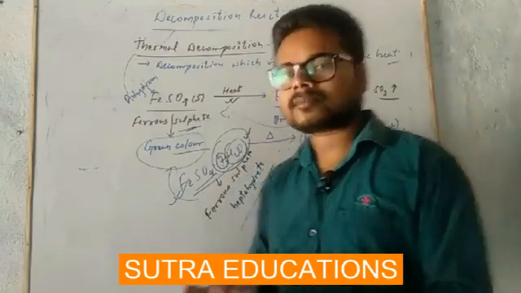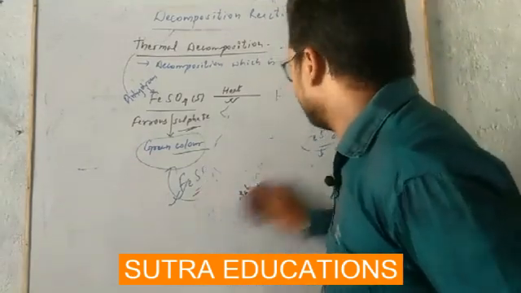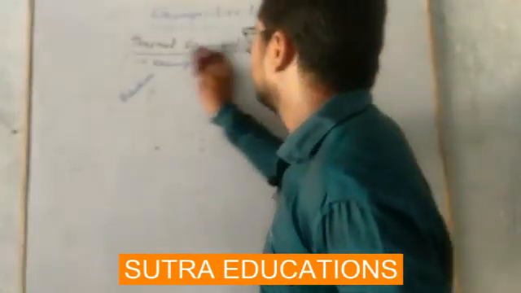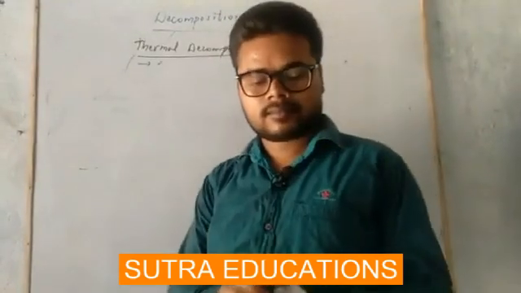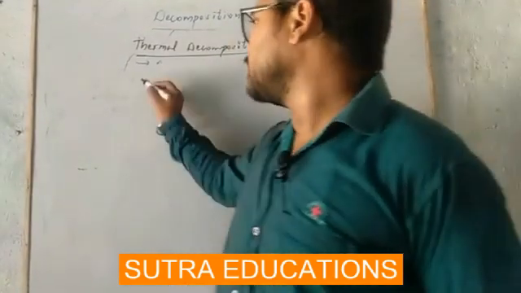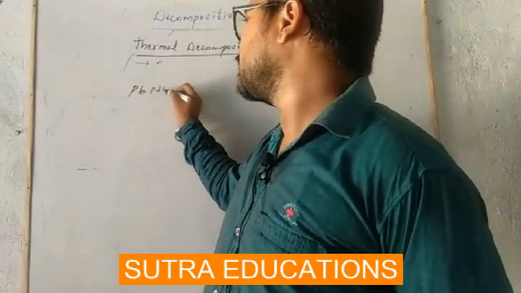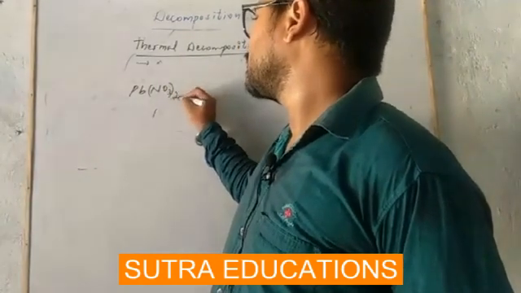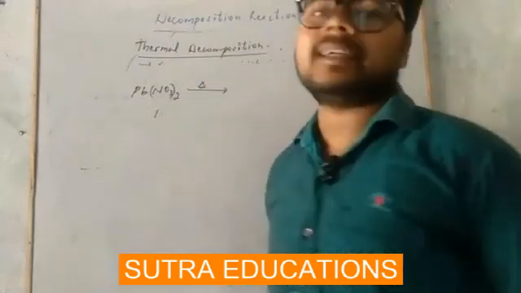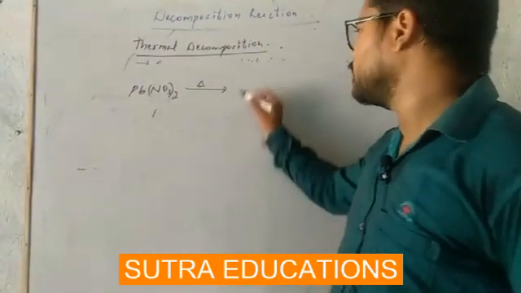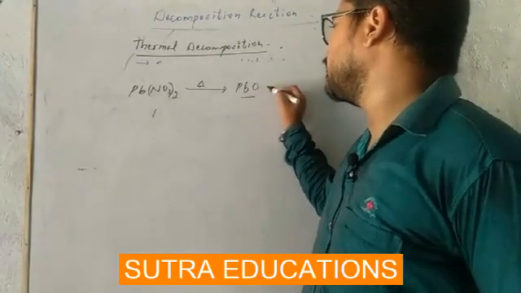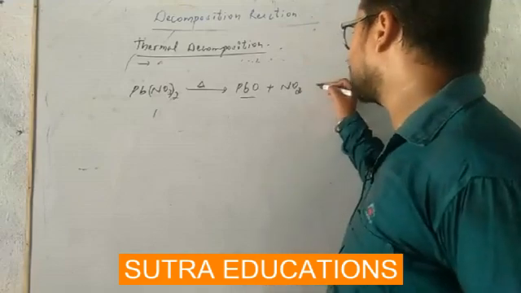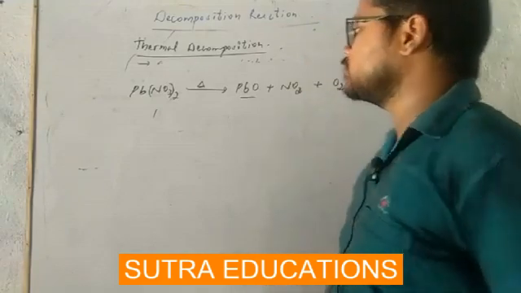Now I am going to give you another example. It is lead nitrate, Pb(NO3)2. So when you will heat lead nitrate, it will be decomposed into lead oxide PbO plus nitrogen dioxide NO2 plus oxygen.